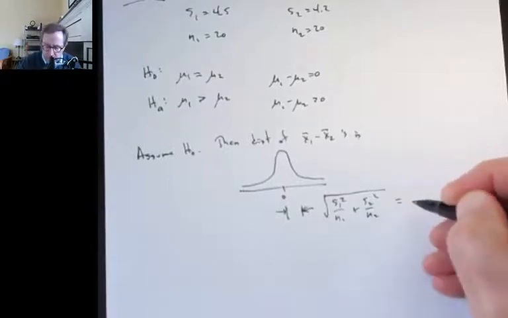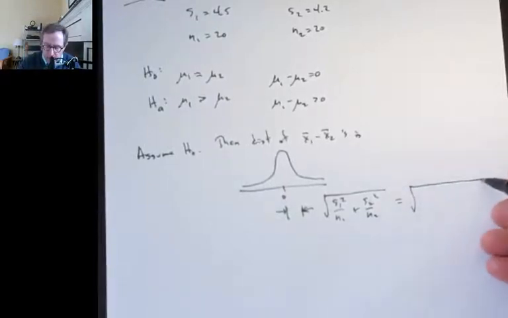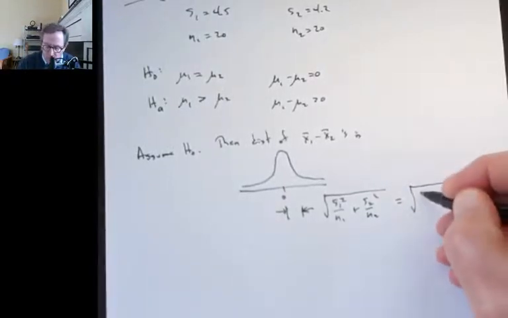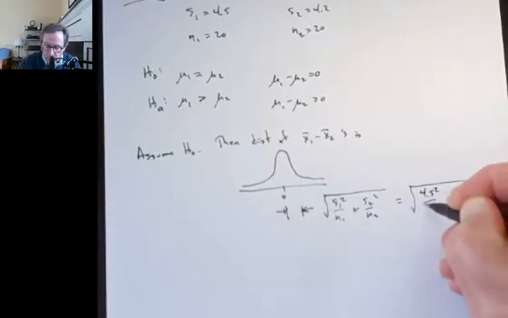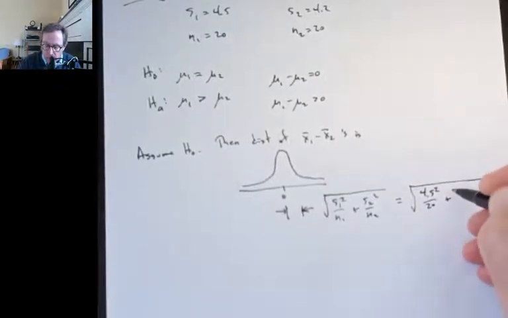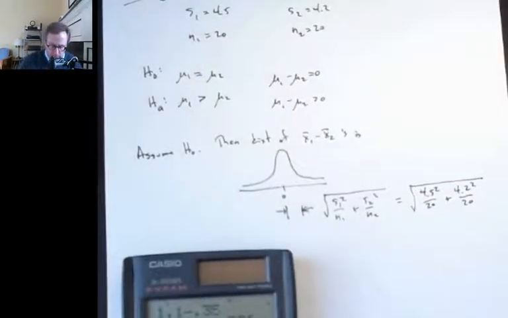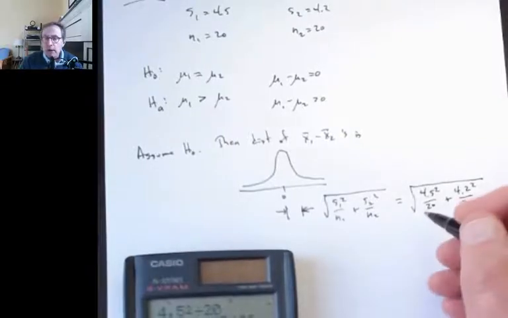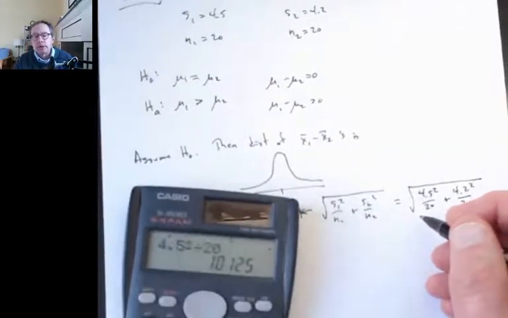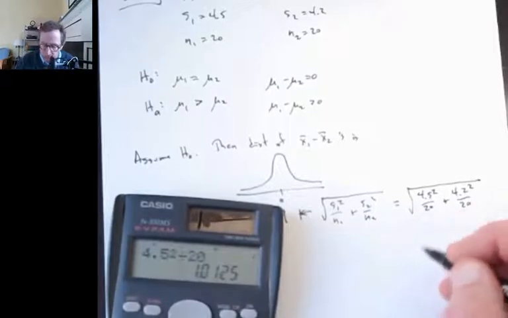Why don't I punch that out while I'm working on it? This is S1, 4.5 squared over 20, and 4.2 squared over 20. Let's see what my calculator thinks of that. 4.5 squared divided by 20 is 1.0125. Oh, I didn't quite get it on the screen. There we go, 1.0125.